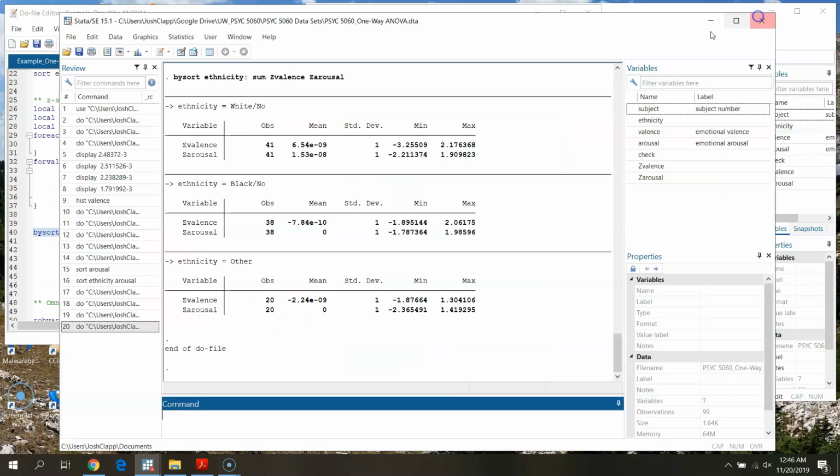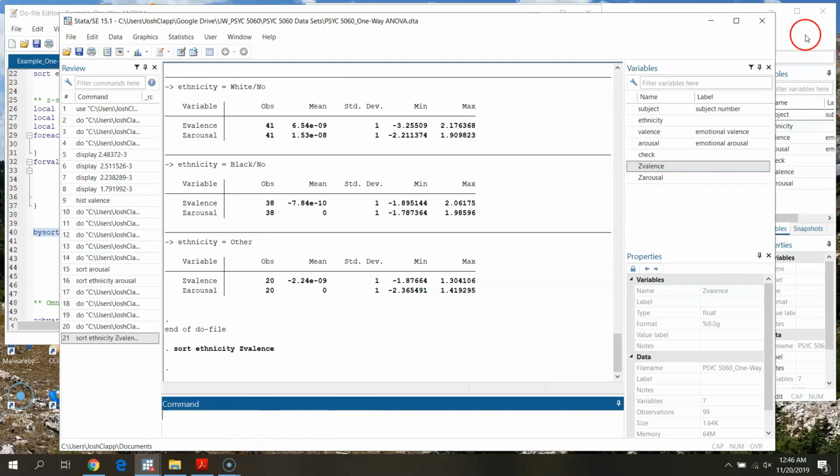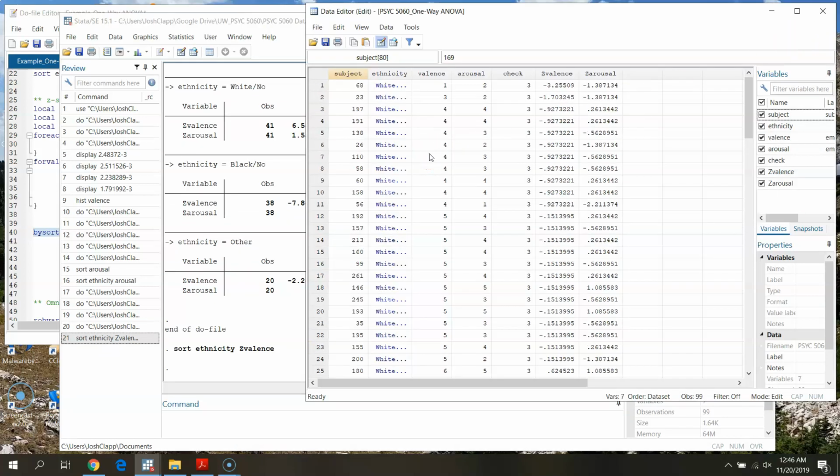So what we can do then is hit sort, and sort by ethnicity and z valence, and then we can figure out who's who. So yep, here it is for our white non-Hispanic group. Our z-score for valence, negative 3.25. So this is case number 68.